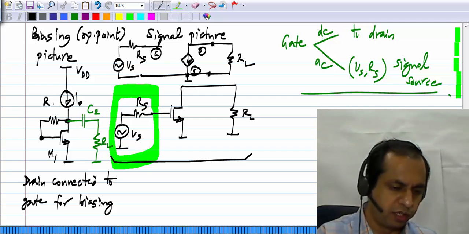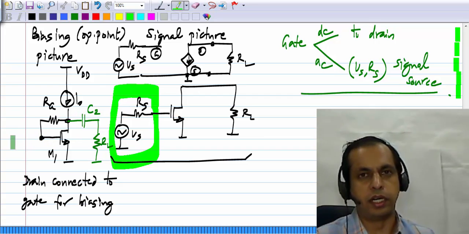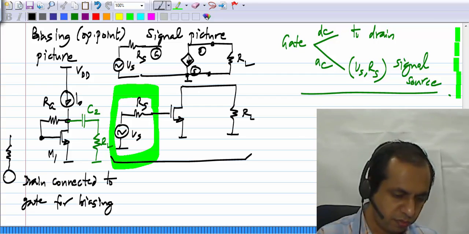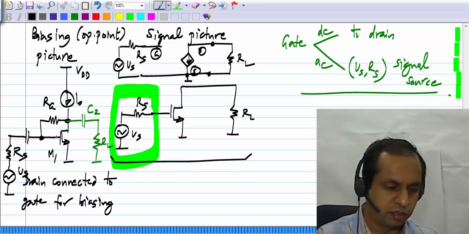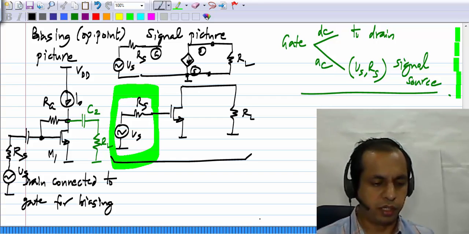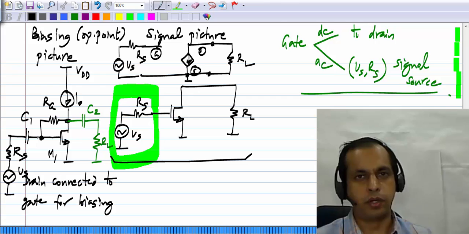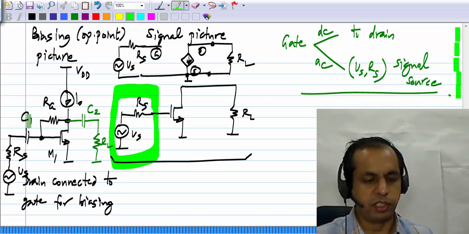Let me just call it RG. At the same time, it should also get connected to the signal source for AC, so I connect it to the signal source through a capacitor C1. Now we have to make sure that this C1 is much larger than something, and we have this RG.